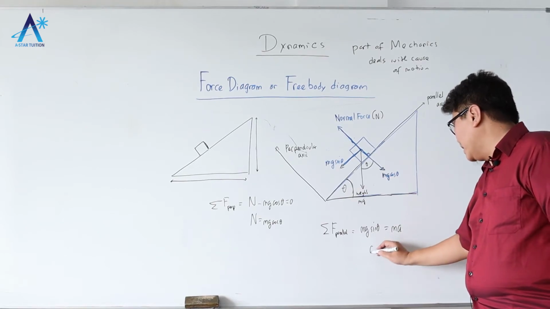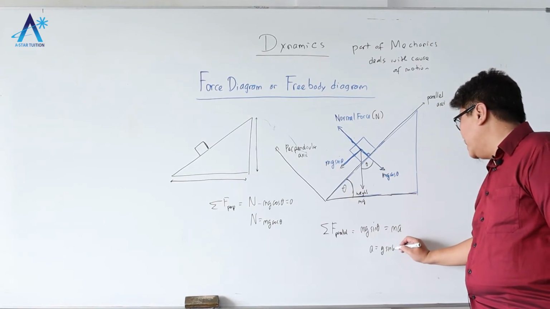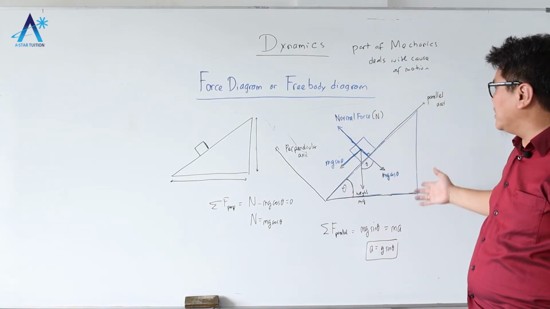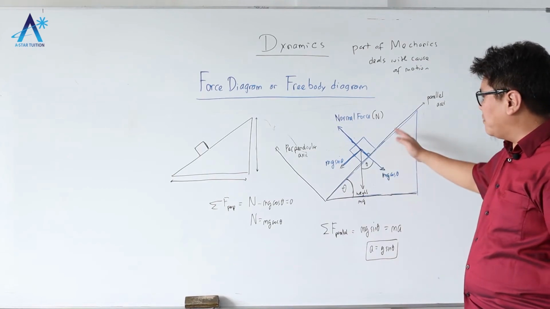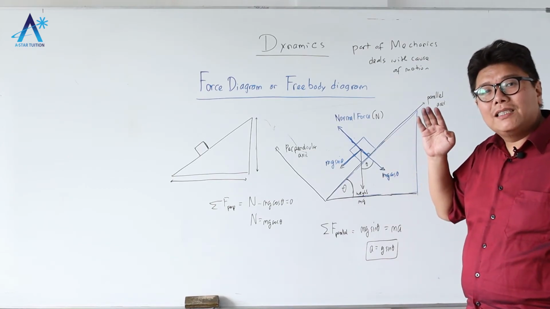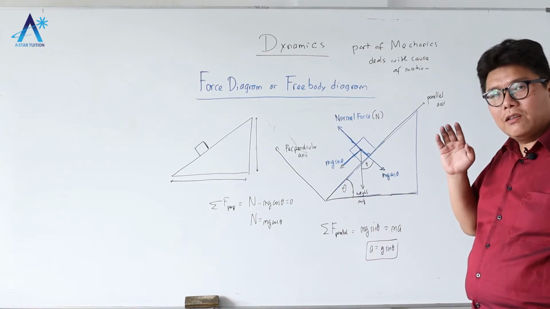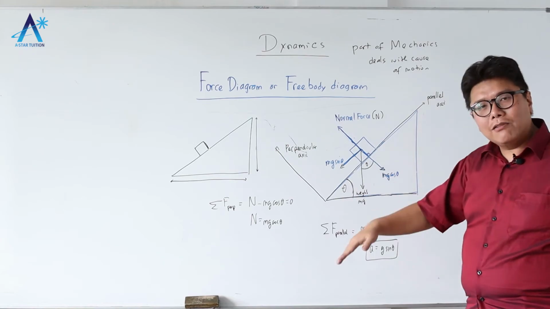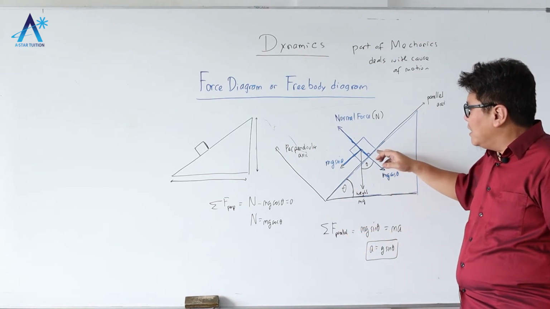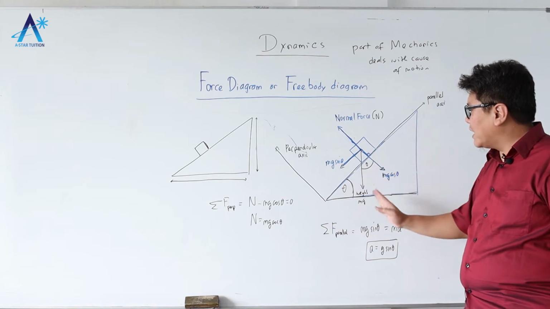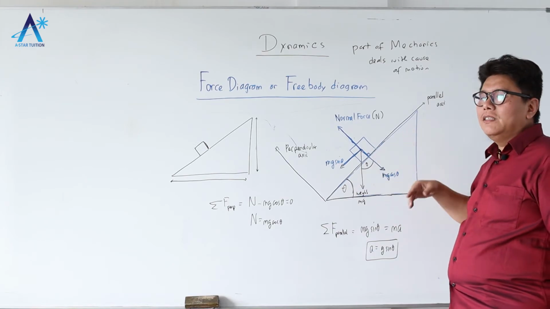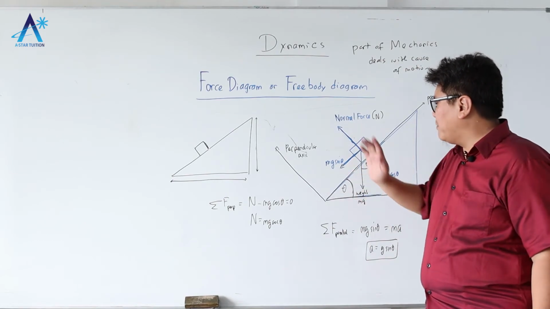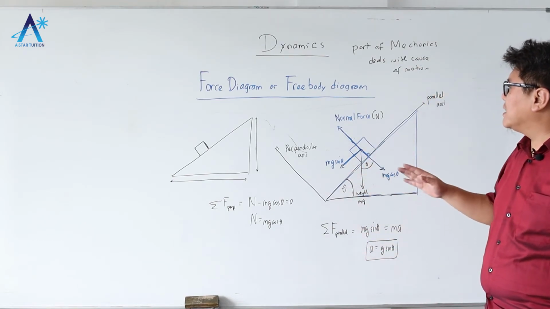So the acceleration is always g sine theta. So it will always slide down, unless there are other forces, like for instance friction. If there's friction, remember the friction is always against the direction of motion, or the direction of the tendency of motion. So if the tendency is to slide downward, then there has to be a frictional force acting in the opposite direction. But in the minimum configuration, meaning that if we neglect friction, the object will always slide down.